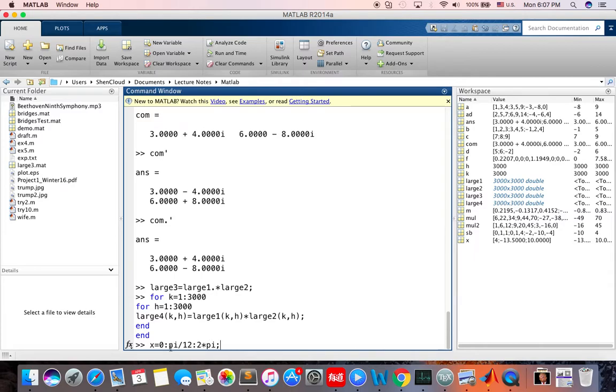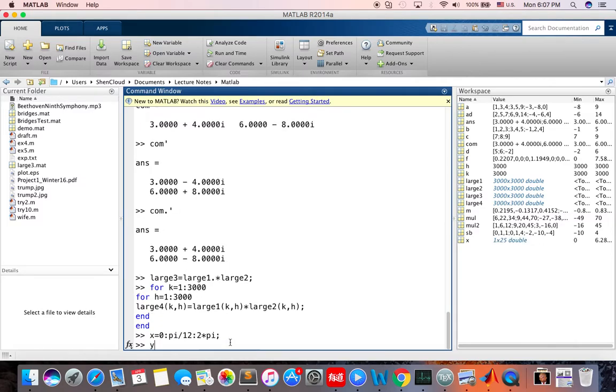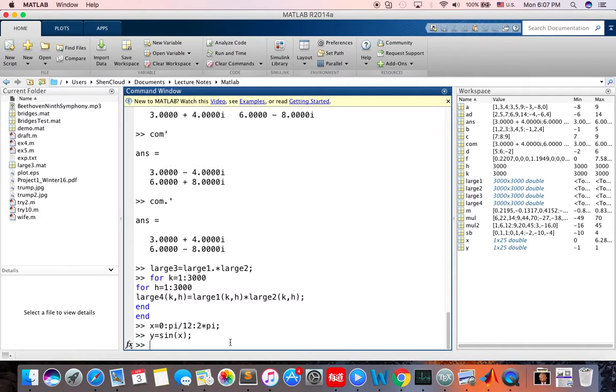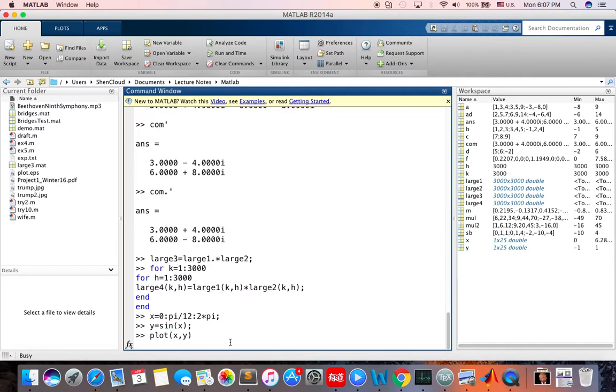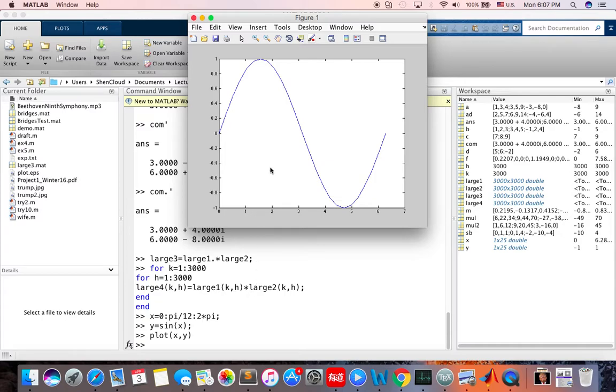So it starts at 0, the length of each interval is pi over 12, and x ends at 2 pi here. And y equals sine x, meaning y equals sine x for each element here. And we can plot x and y. So that's the plot of sine x from 0 to 2 pi.